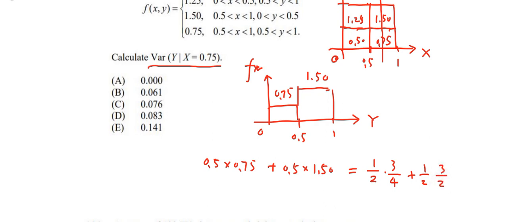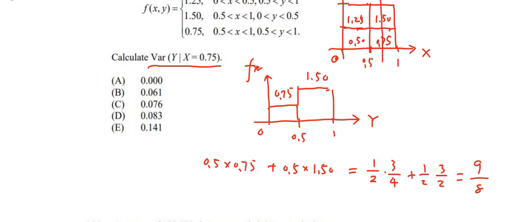So we can find this equals 3 over 8 plus 6 over 8, that's 9 over 8. So we need to adjust, dividing by 9 over 8.